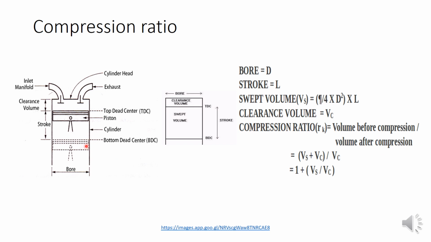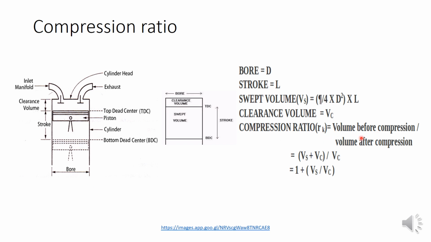At the beginning of the compression stroke, the piston is at the bottom, BDC. So what will be the volume before compression? The piston is here, so this total volume is available, which is Vs plus Vc. Vs represents swept volume, Vc represents clearance volume. So that much volume is available to the gas before compression. But at the end of compression, the piston reaches TDC.